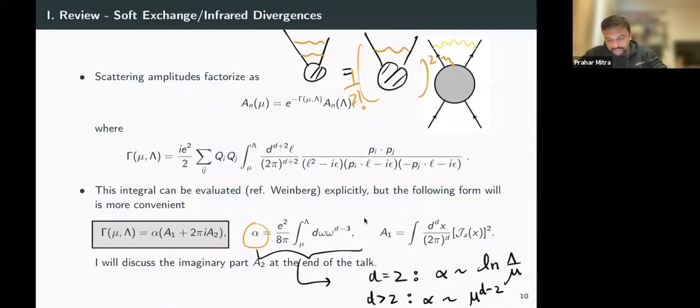So you just have to compute this one loop diagram. That's where this one loop integral is coming from, and then everything else exponentiates. That's why it's an e to the minus gamma, an exponential factor. Then you just have to compute a single one loop diagram. This is all in Weinberg, just standard stuff.